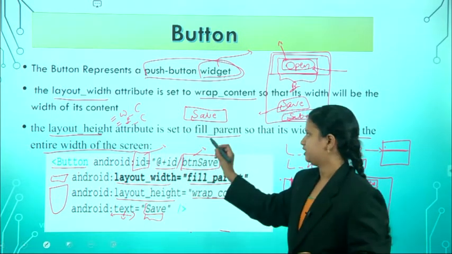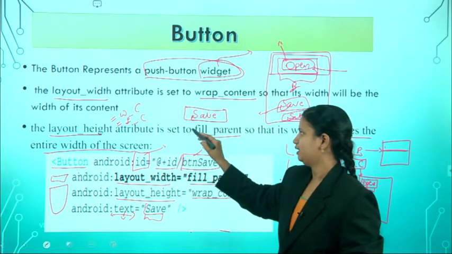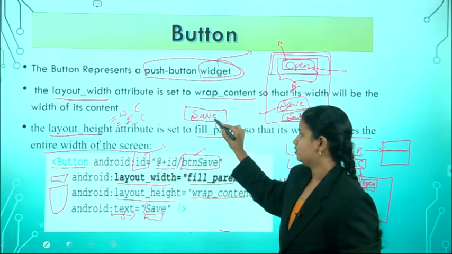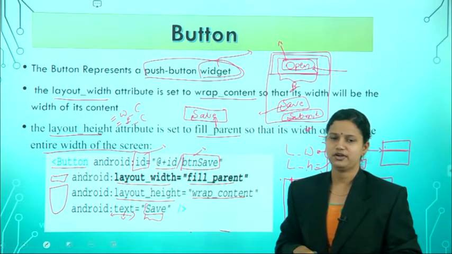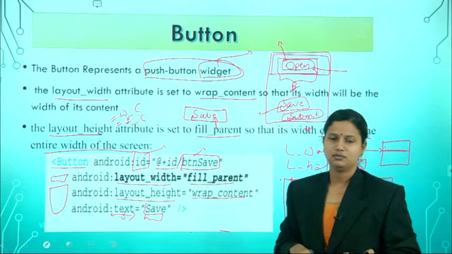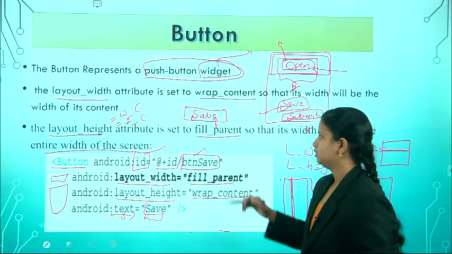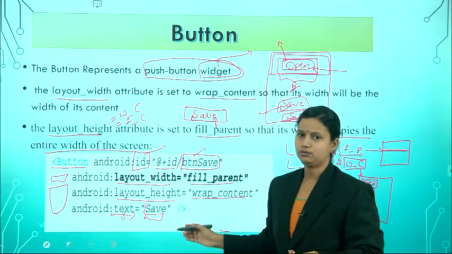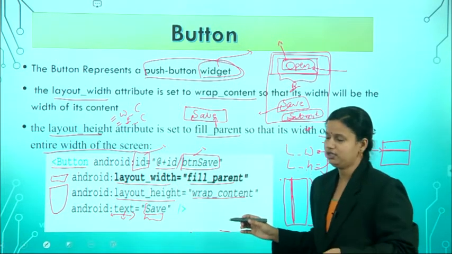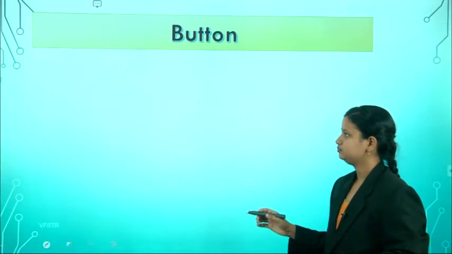The button is created, that is okay, but whenever you click on that button, we have to specify what action to perform. That means we have to handle this button. How is it possible?